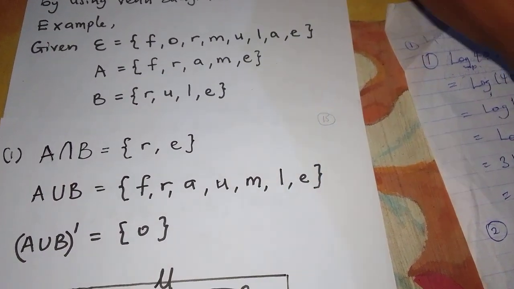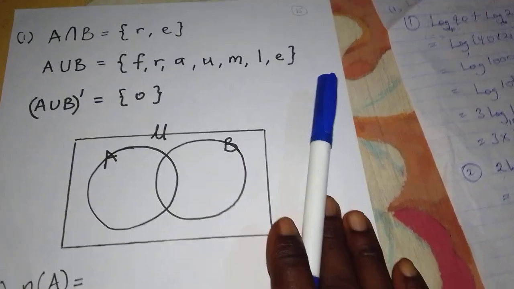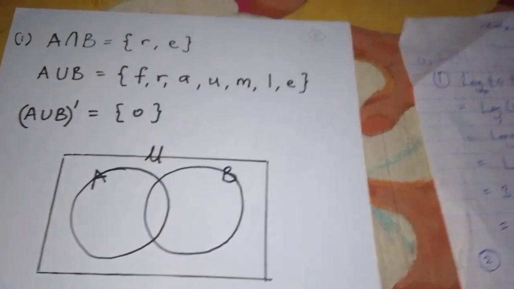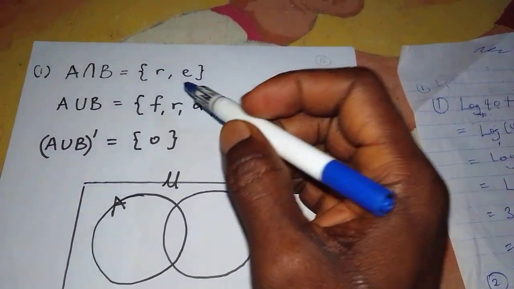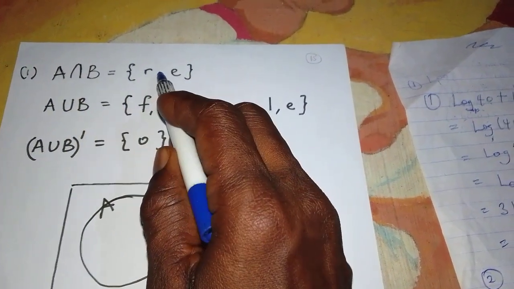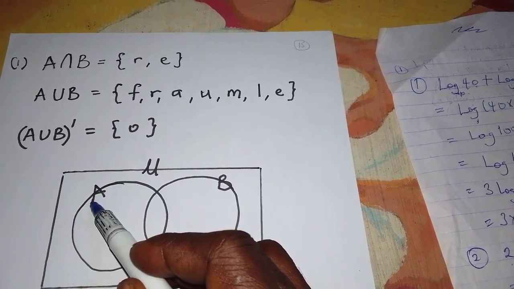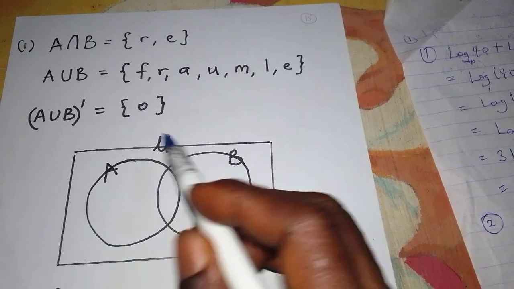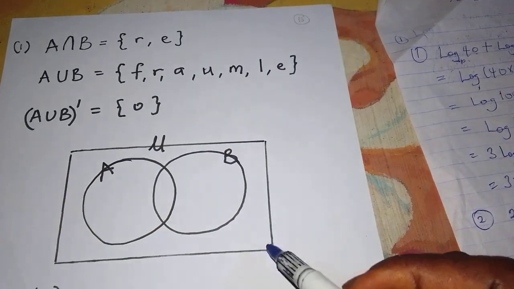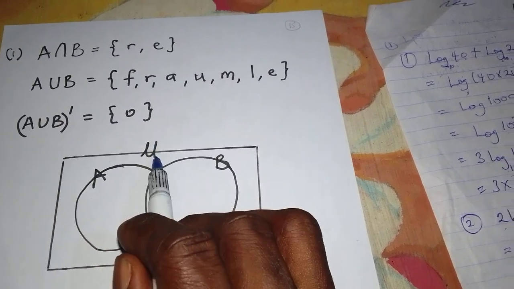Now, we want to represent this on a Venn diagram. To represent this on a Venn diagram, first of all, you write your A intersection B. If this circle represents the elements in A, and this circle represents the elements in B, then everything inside this box represents everything in the universal set.